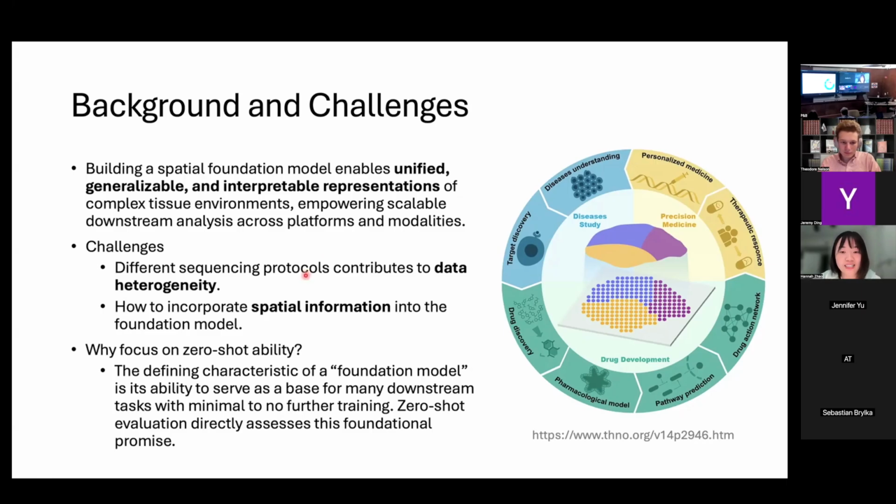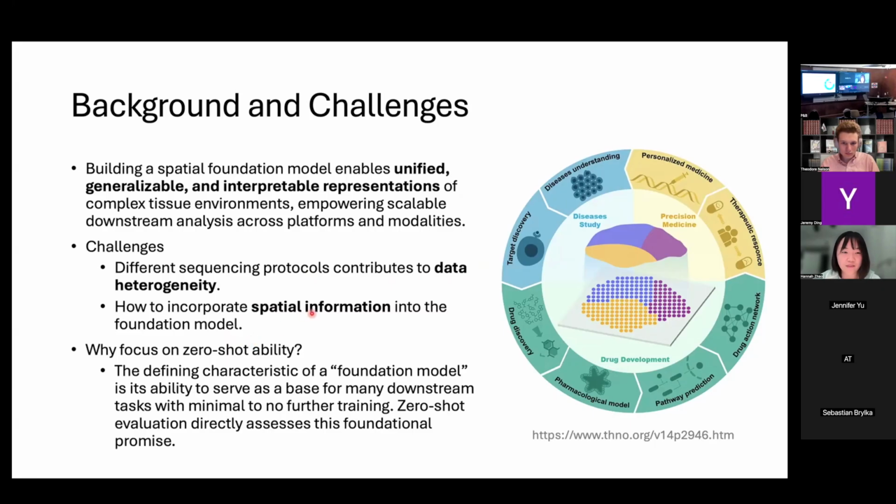Xenium and Cosmics can only give you several hundred or thousand genes, but at the single-cell level. So how to resolve data heterogeneity will be a central question that spatial foundation models should answer. The second challenge is how to incorporate spatial information into the foundation model.